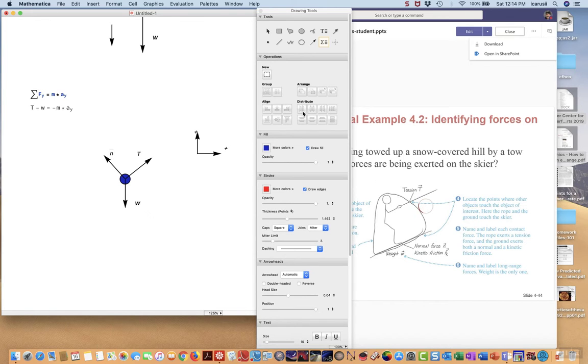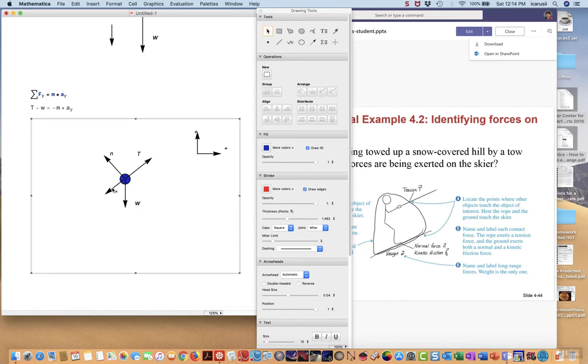And last but not least, I have a friction force. Now, reminder that the friction force acts opposite to the direction of motion. The direction of motion is given by T. So opposite to T is going to be my friction force. So I'll drag another arrow here, and that is my friction force.